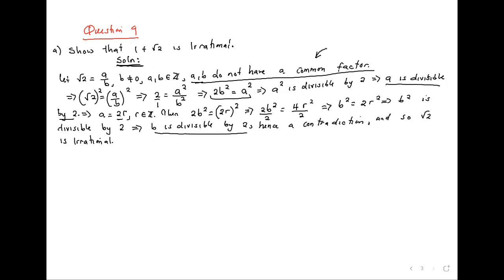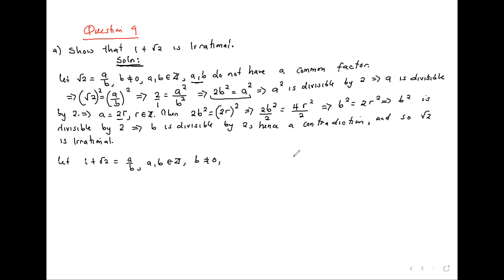Because root 2 is irrational, we can now get back to the question. The question was asking about 1 plus root 2. So now I'll say, let 1 plus root 2 be equal to A over B with A, B integers, B non-zero, A, B coprime.